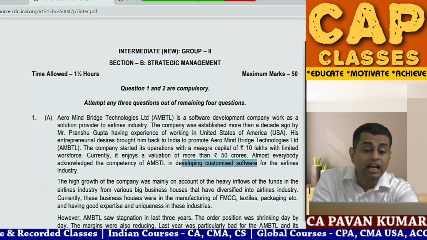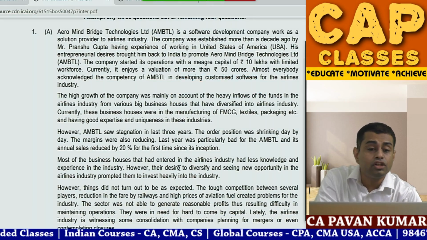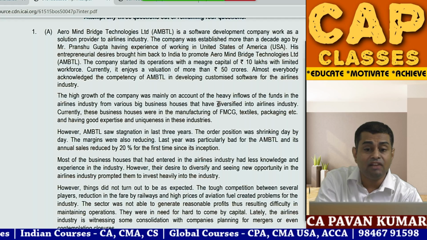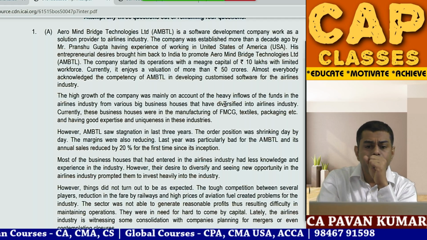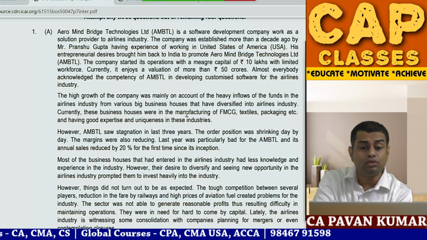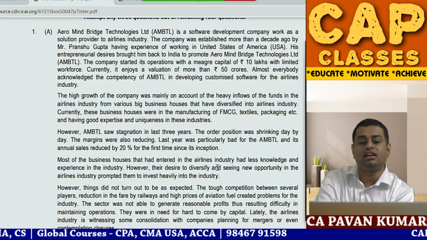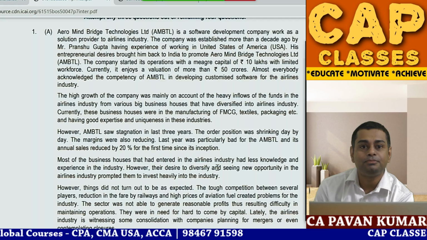Then the high growth of the company was mainly on account of heavy inflows of funds in the airline industry from various big business houses that have diversified into it. Currently, these business houses were in the manufacturing of FMCG, textiles, packaging, etc. Do you understand what they are going to tell?